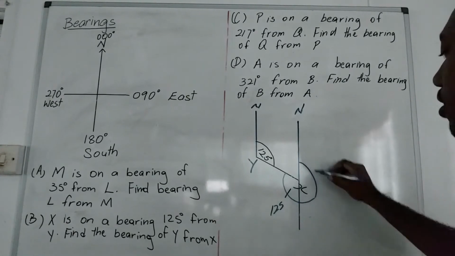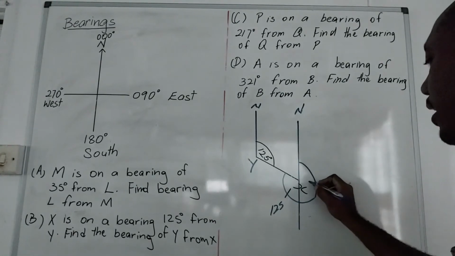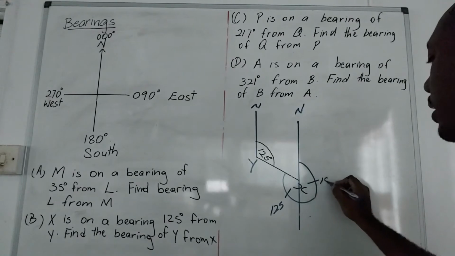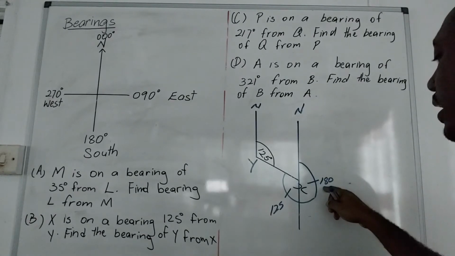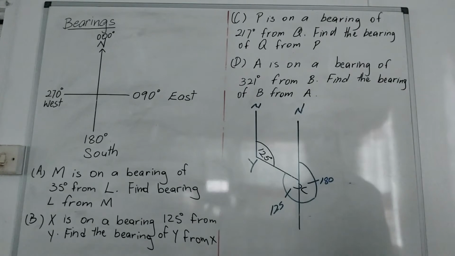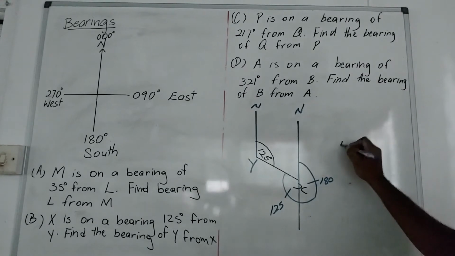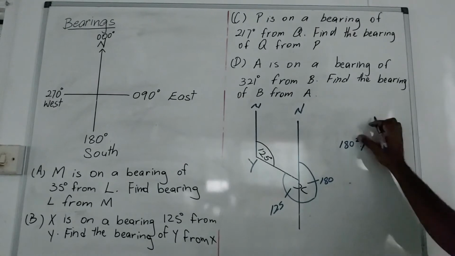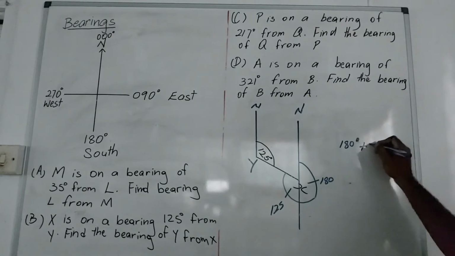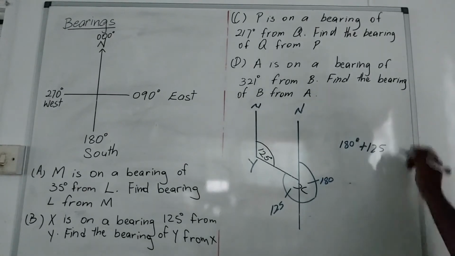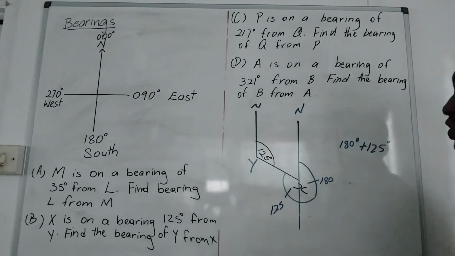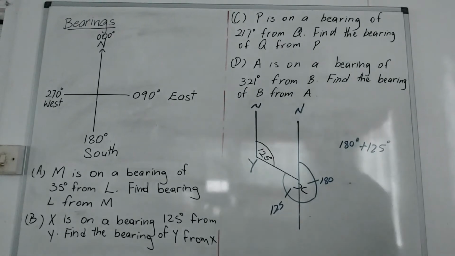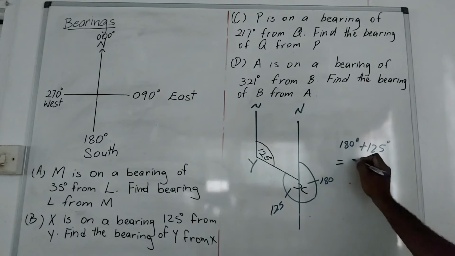And the angle around here, since this is a straight line, will be 180. So we have 180 plus the 125. So our answer will be the sum of 180 plus 125.